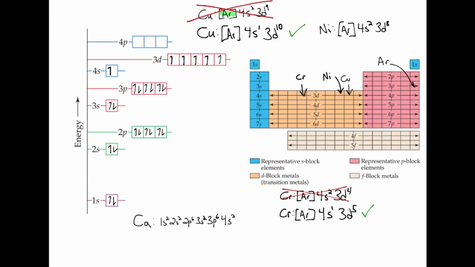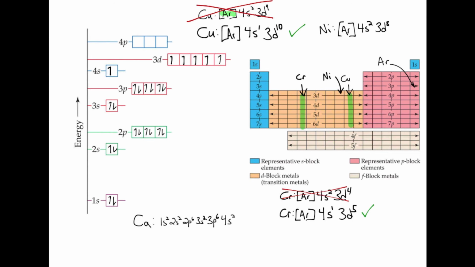So we've got this special scenario in the d9 column of the periodic table, as well as the d4 column of the periodic table, where we can rob an electron from the previous s and help us either create a half-filled set of d orbitals, as I have here, or a fully filled set of d orbitals, as I did for copper.